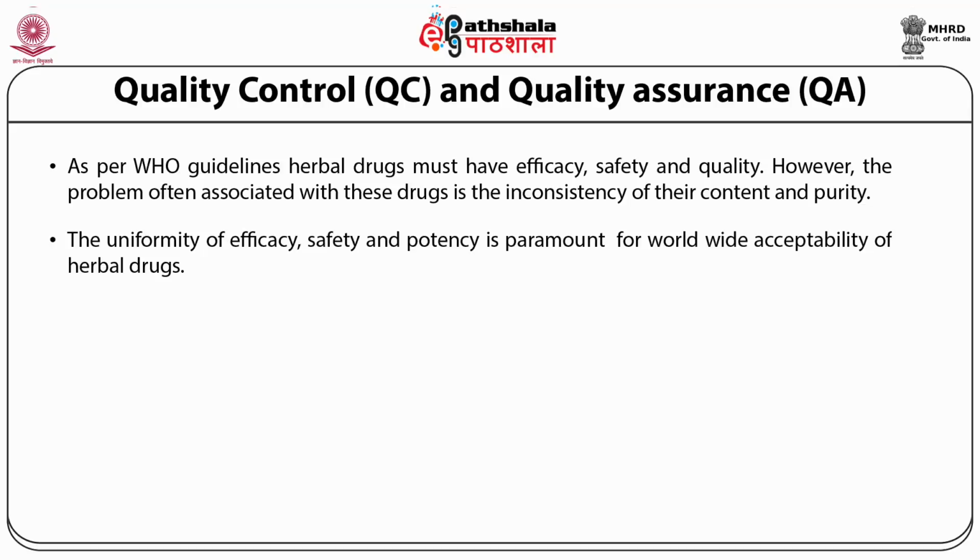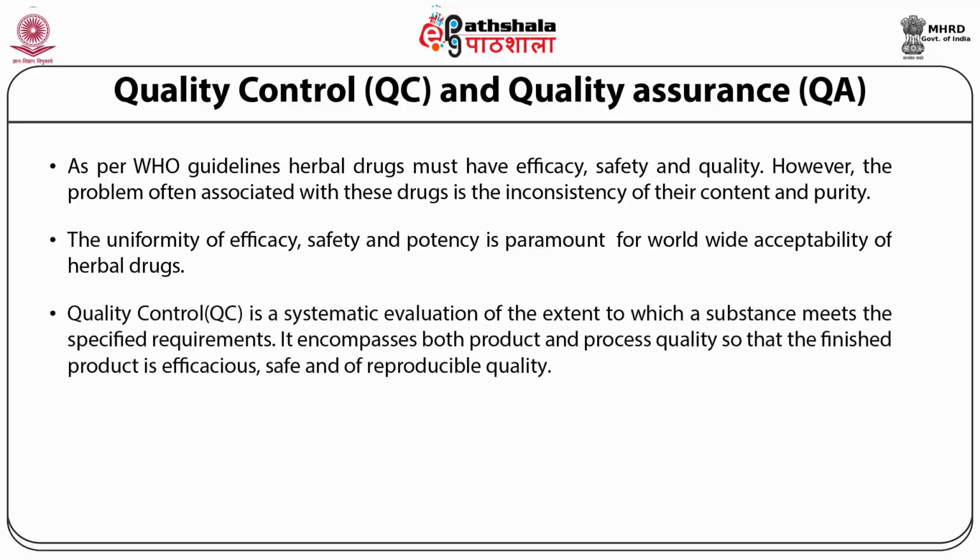To attain these, the herbal drugs need to be checked for quality, which is done by quality control or quality assurance. First, quality control. Let's understand this term. Quality control is a systematic evaluation of the extent to which a substance meets the specified requirements.